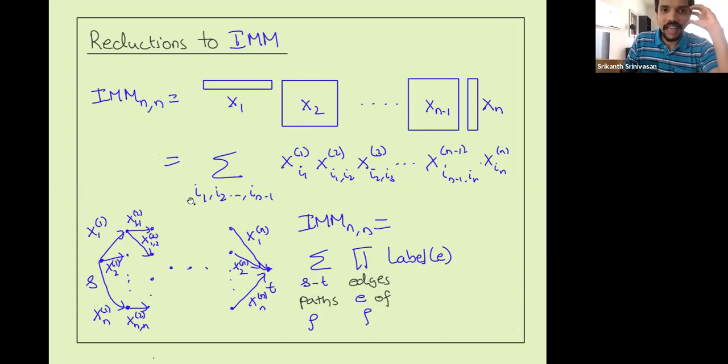When I do this, I'm exactly summing over all of I1 through In minus 1, and as I take the product over all the labels, I'm exactly getting this particular product of variables. So the iterated matrix multiplication polynomial can be defined in terms of a directed graph in this very neat combinatorial way.